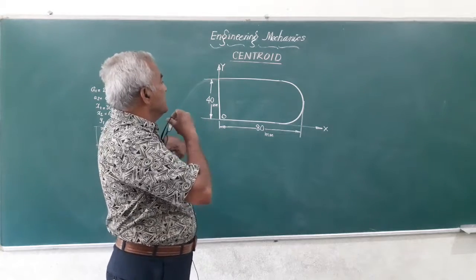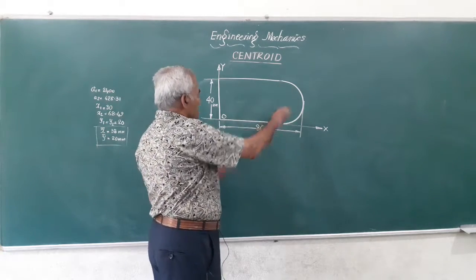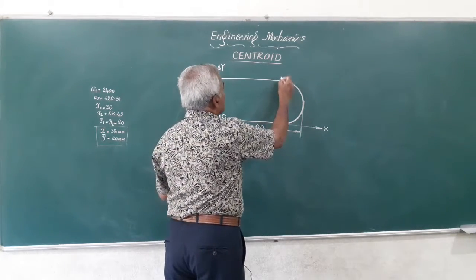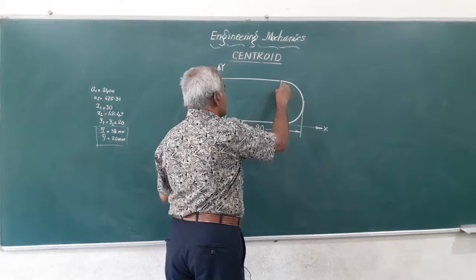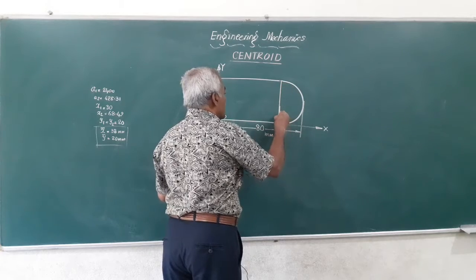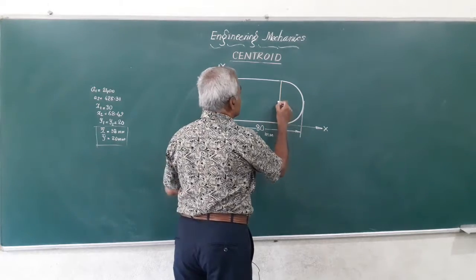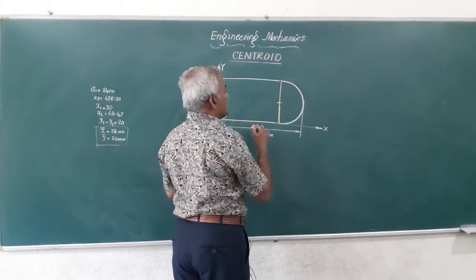This composite plate can be split into two laminae: one is a rectangle, the other is a semicircle.